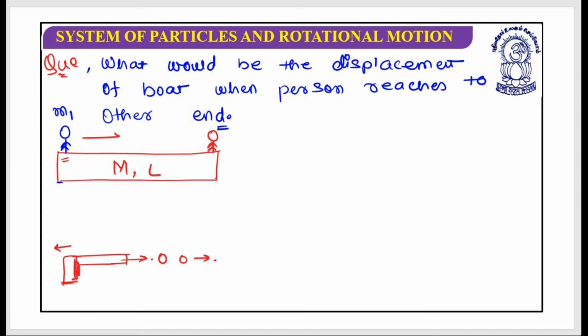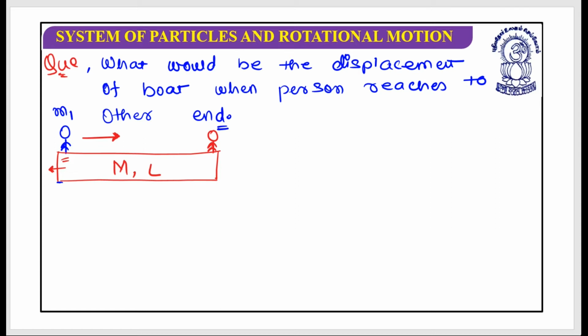So once you want to be displaced in the positive x direction, the boat is going to move in the negative x direction. Is it clear? So this is the practical aspect. Now if we want to look at this from the point of view of pure physics, or pure concepts, then think which forces are acting.